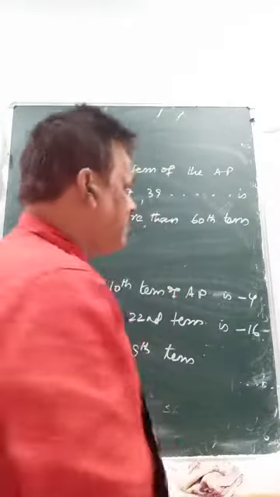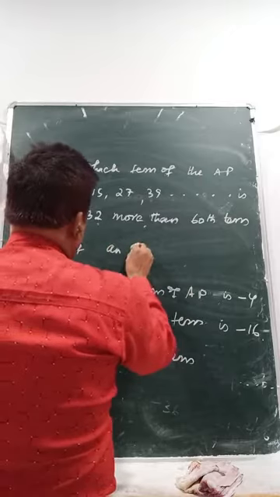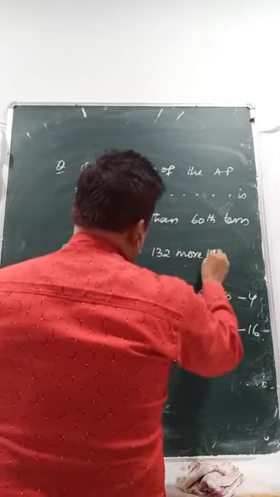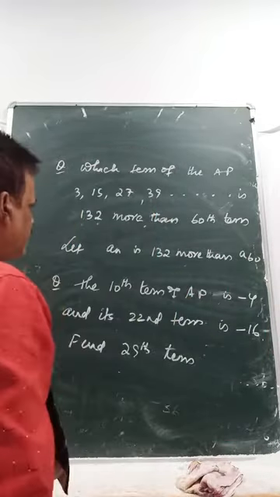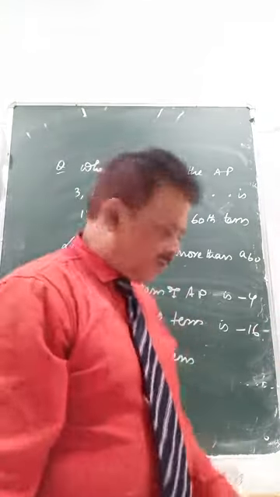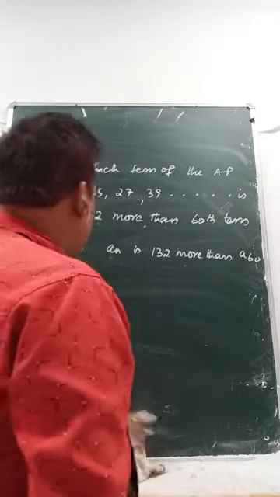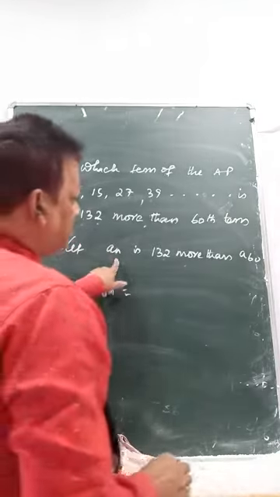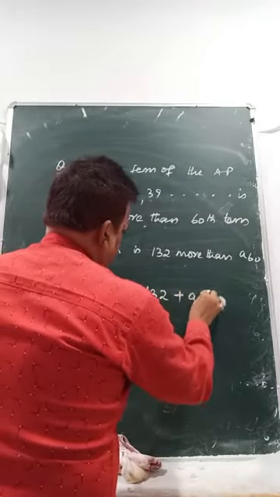Suppose nth term is 132 more than A68. How to write? Now you can write in this way. An, this is bigger, means on the other side you add 132 plus A68.